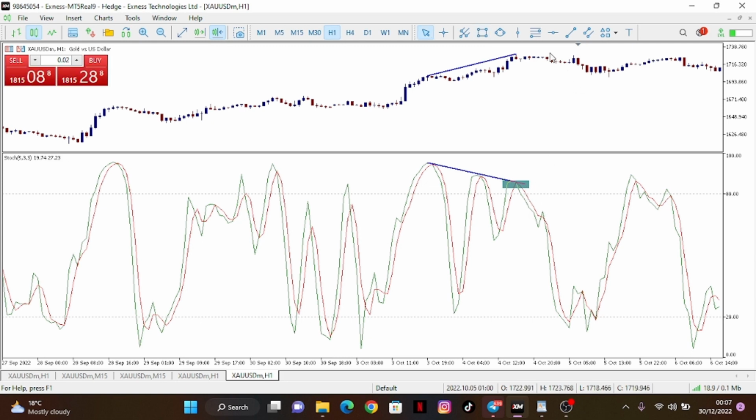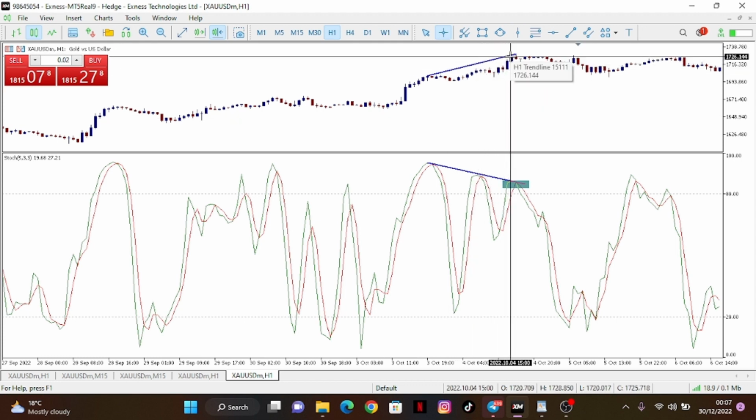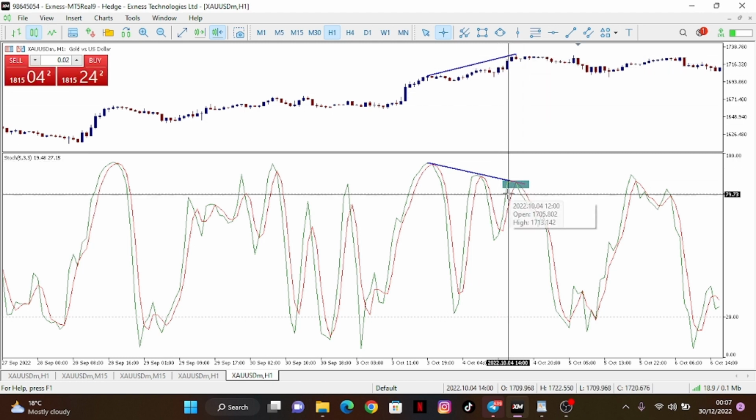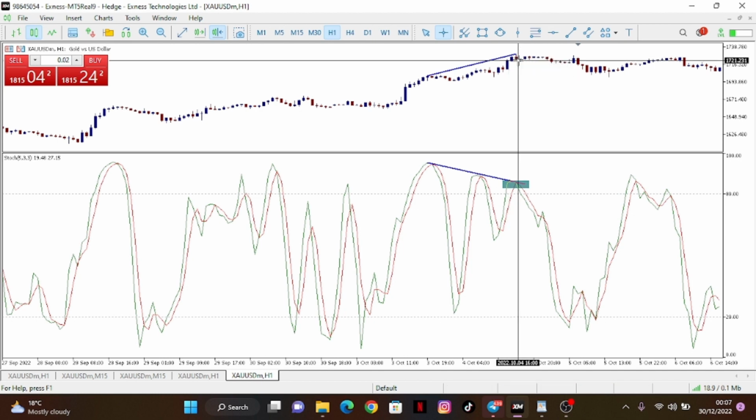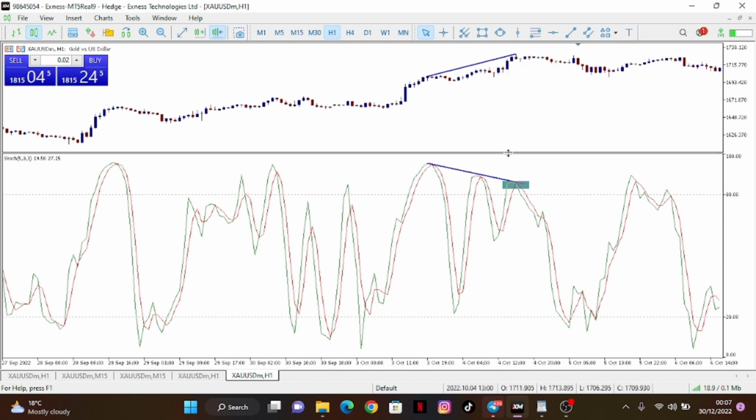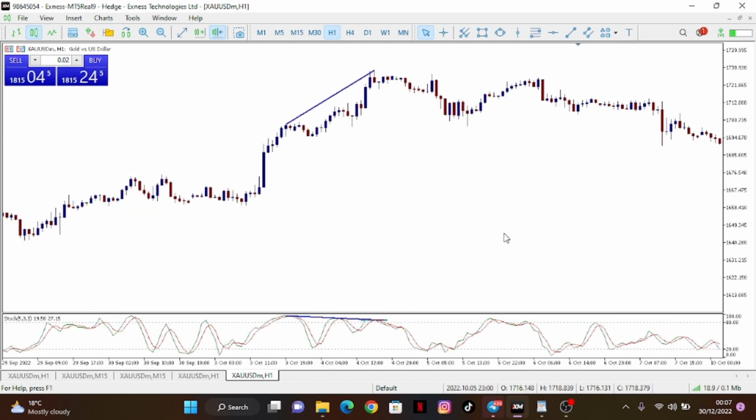As you can see right here, it was just too straight. If you are trading at this moment, you saw this bullish momentum and you spotted divergence, and just right after spotting it, it was an execution. Okay, you spot and execute, spot and sell. This was your sell zone.